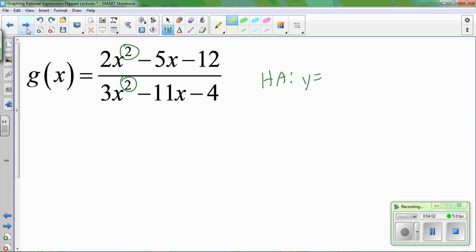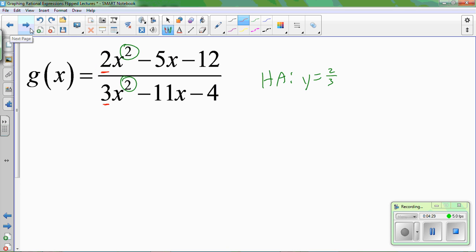Basically what that means is my lead coefficients are 2 and 3. So I'm going to have the horizontal asymptote y equals 2 over 3. It's the fraction created by the coefficients of these equal exponents. They're both raised to the second power, so it's just the fraction from the coefficients, y equals 2 over 3.